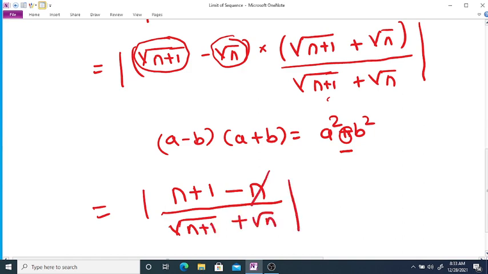So here n minus n gets cancelled and it is equal to 1 divided by square root of n plus 1 plus square root of n.